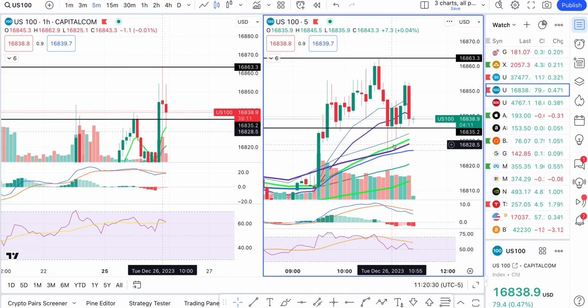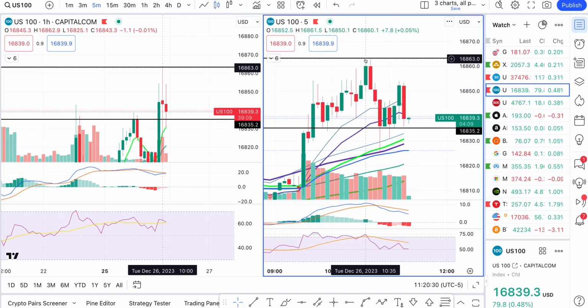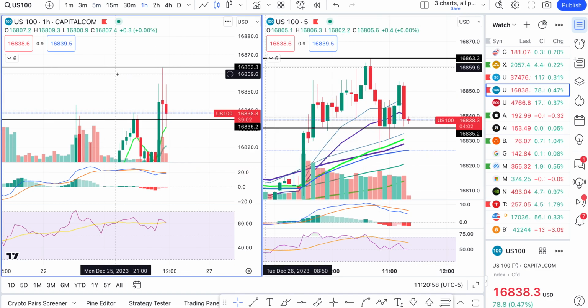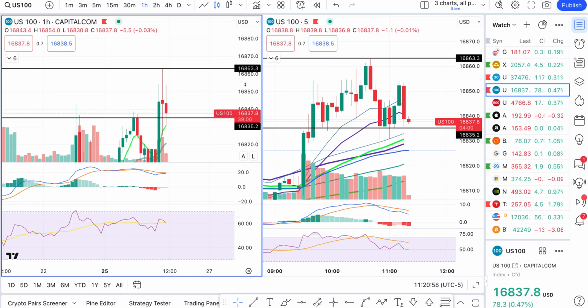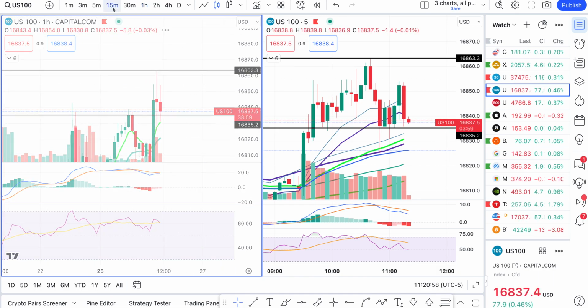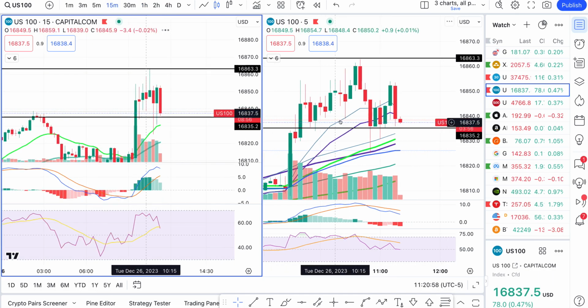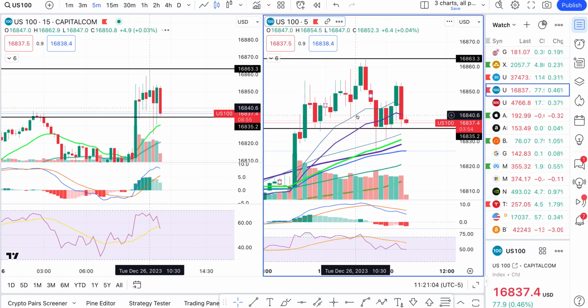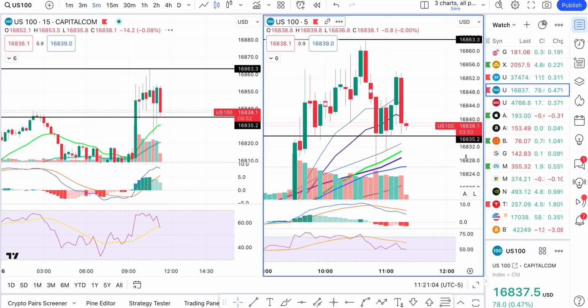So I saw the price had tapped into this high and come down pretty fast, all the way down to VWAP. Actually, this is a 5-minute chart, and that was a 1 hour chart. I'm going to switch this to a 15-minute chart for a better look, and keep this on a 5 for the moment.